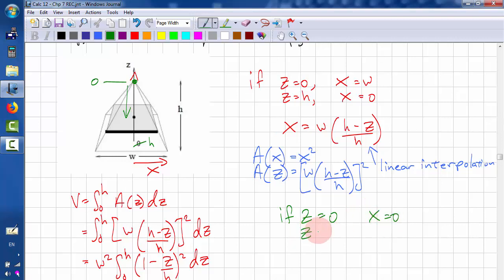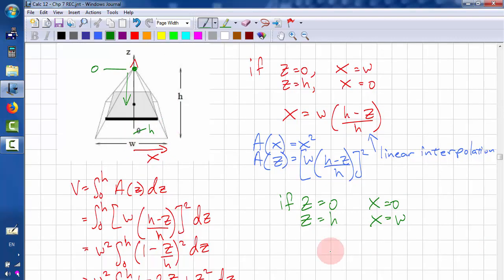If z is equal to h, we have x is equal to w. So when z is equal to h, x is equal to w down here. This makes our linear interpolation much easier. X is equal to w times z over h.